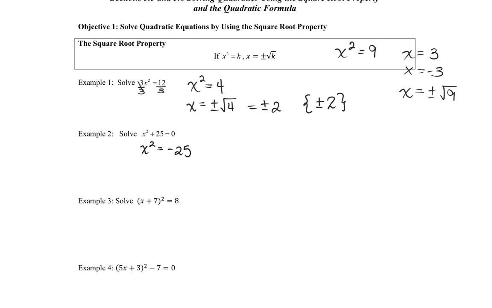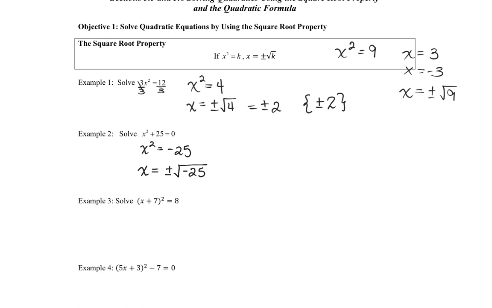Now, we talked about how when we were looking at functions that we didn't want to take the square root of a negative number because it wasn't a real solution, right? So if I take the square root of both sides, I'm going to get positive or negative the square root of negative 25. Now, there is no real number that when multiplied by itself would give me a negative 25, right?